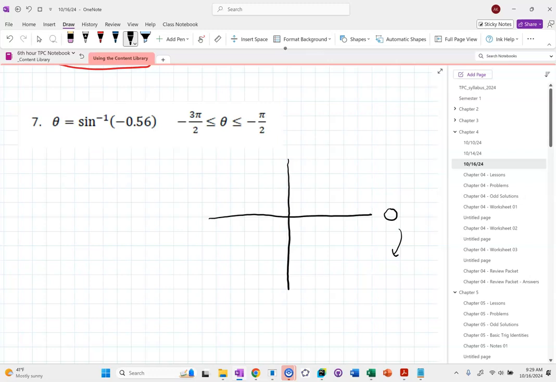How much am I counting by? Each quadrant is half a pi, but since we're going clockwise, we're really counting by negative halves. So I have negative half a pi, negative 2 halves, or just negative 1, and then negative 3 halves.